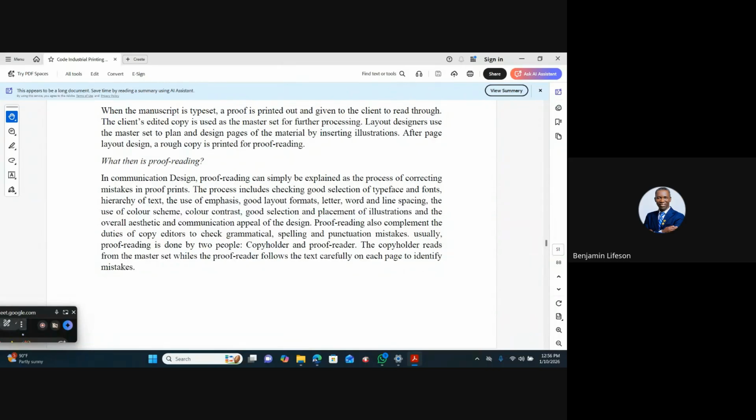Proofreading is actually the final step before publishing or printing takes place. You have done your part, but the designer may not be sure, because it is your eye and your mind. You may think everything is right, everything is on point, until someone says it. That is why in art we do appreciation and criticism.